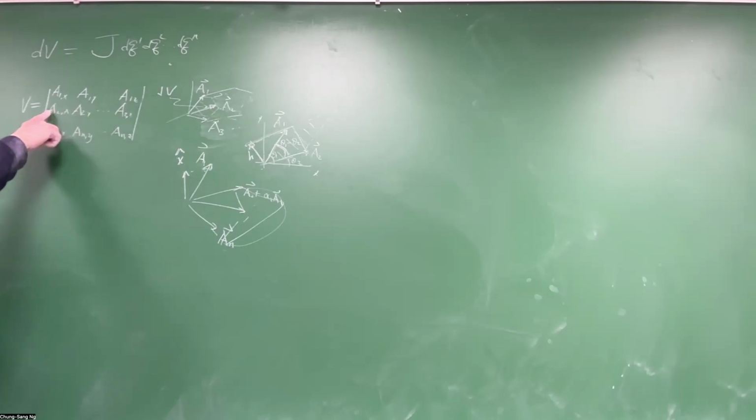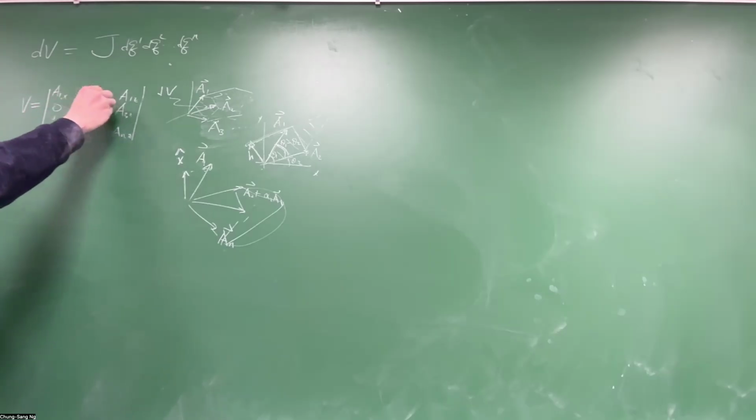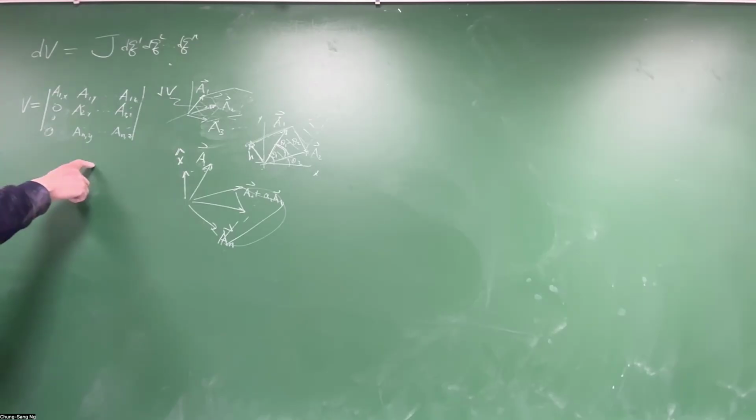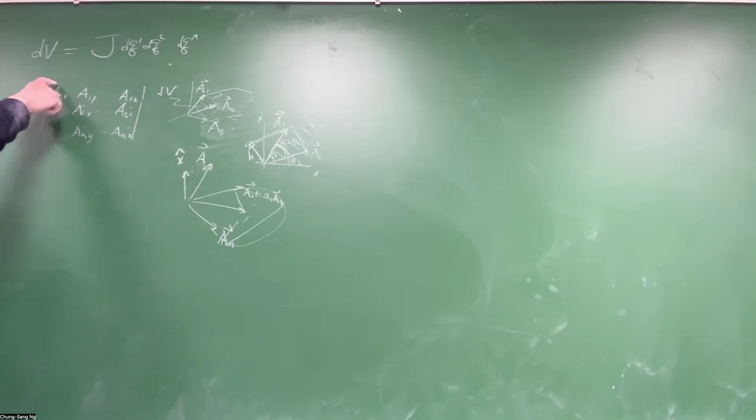So basically, you get rid of all this. The first column will be all 0. After you change that, you basically change all this coordinate, but the volume doesn't change, and the first column becomes just the first one non-zero, and the other is 0. All right.